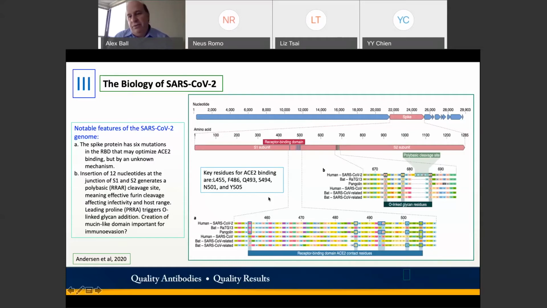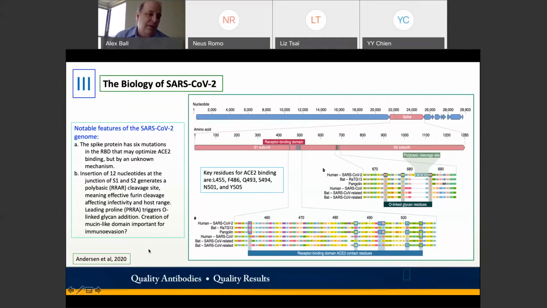There's also some thought, and this still, I think, needs to be empirically proven for SARS-CoV-2, that the placement of this polybasic site is just downstream of this proline. And there's some thought that that may lead to some O-linked glycan deposition on these two serines indicated in the box and this threonine, which may be involved in immune evasion.